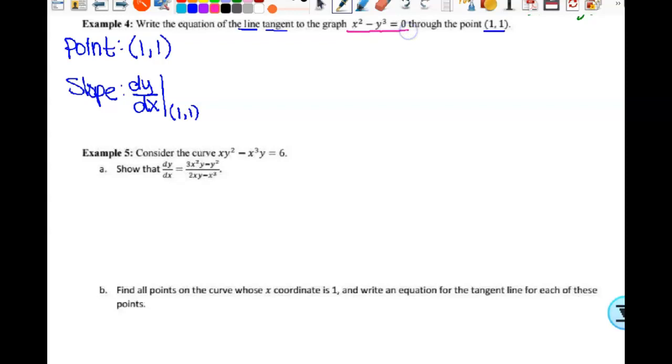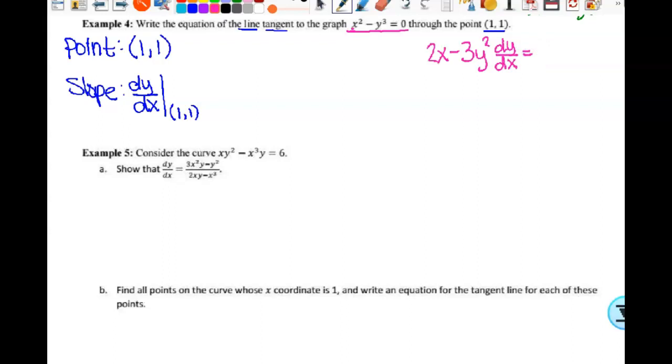So I'm going to take the derivative of this, kind of do it over here so we have some room. I take the derivative of this first term, and that's just 2x. And then the derivative of negative y cubed is going to be negative 3y squared. And what do I need on that? Dy dx. This is an equation, so I'll still need my equation.